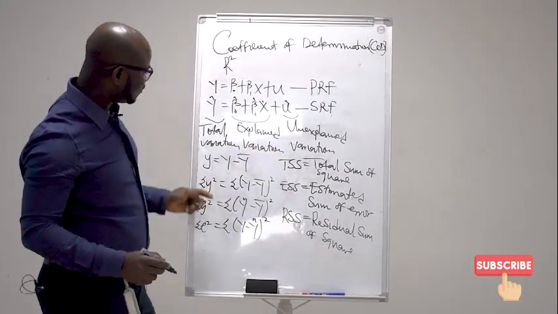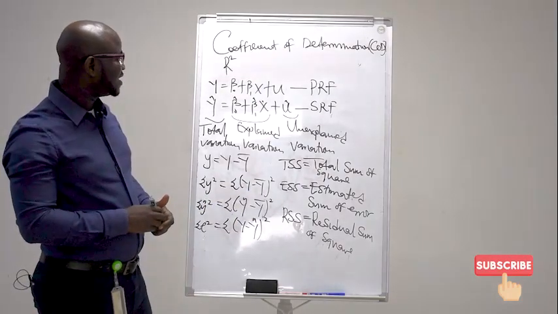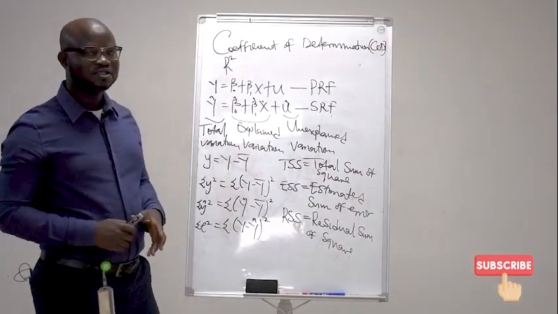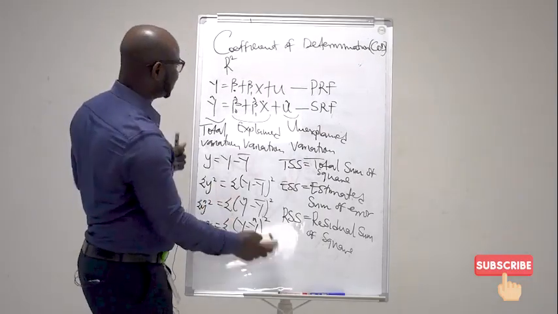Class, we can use the information we have on the board to derive what the coefficient of determination, or R square, is all about. Now let's start.